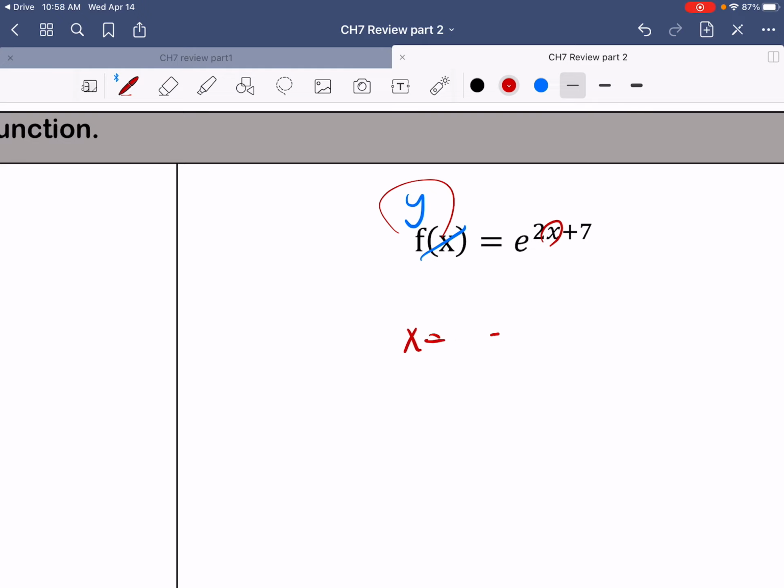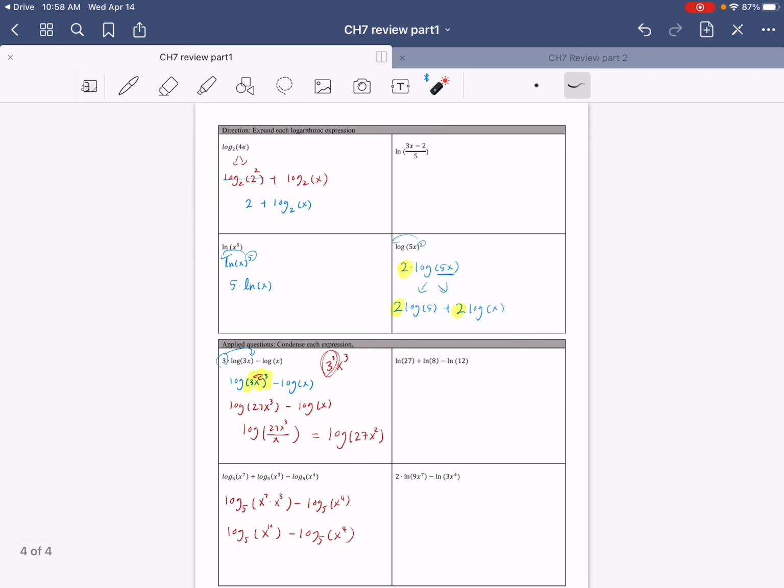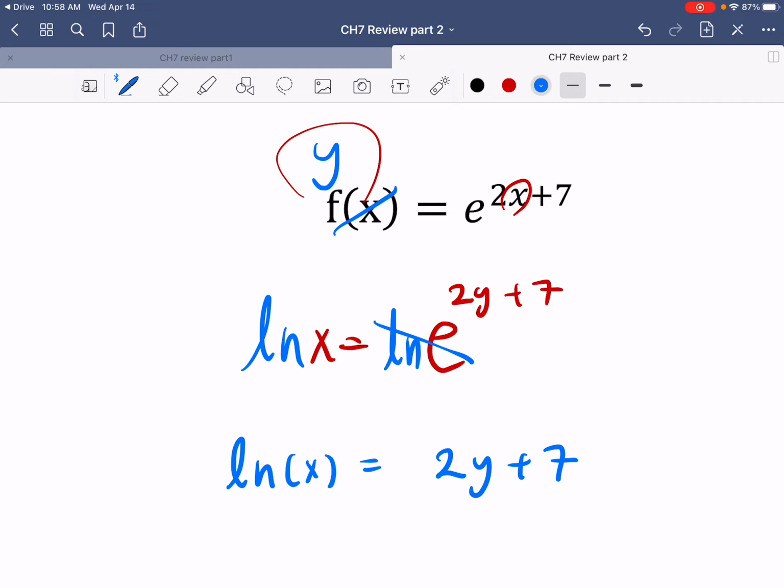x equals e to the 2y plus 7. I think this question is easier. Now, since it is already isolated, there is no plus something or times something. We can just natural log both sides to get rid of this. So we have natural log of x equals 2y plus 7.